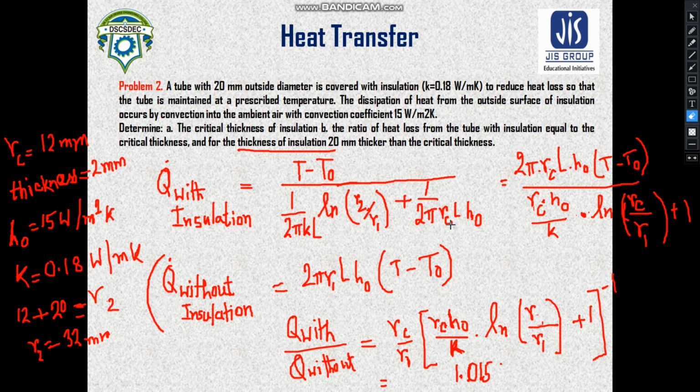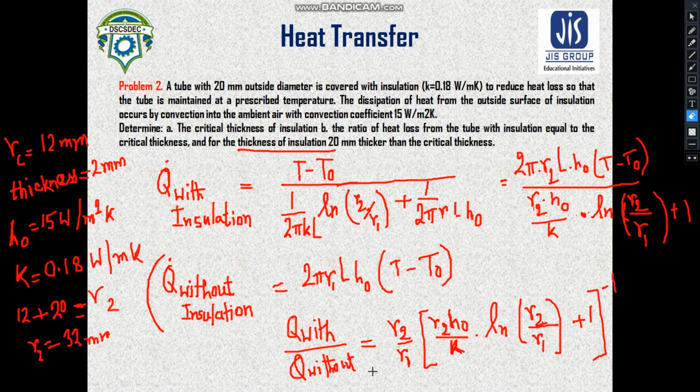I have done RC, so I will rewrite it. It is taking time because of a silly mistake. So it would be R2, it would be R2 again, this would be R2, here this should be R2, and this would be R2 also.